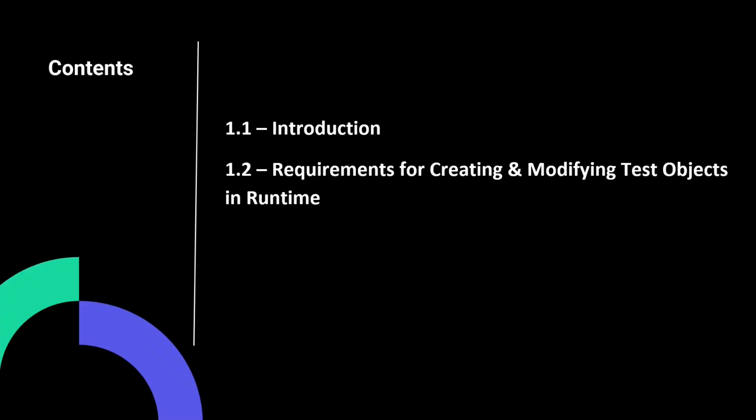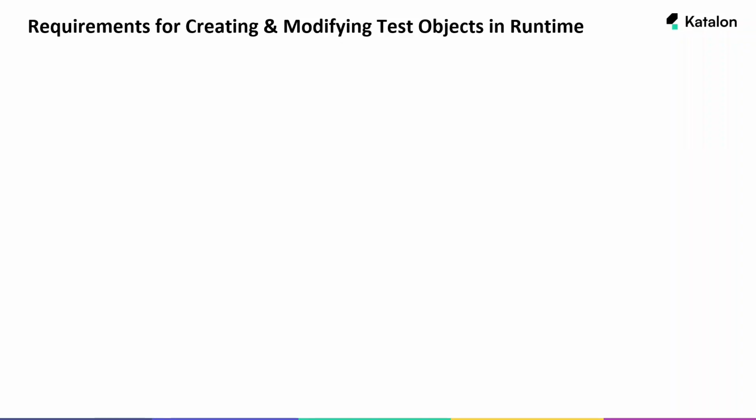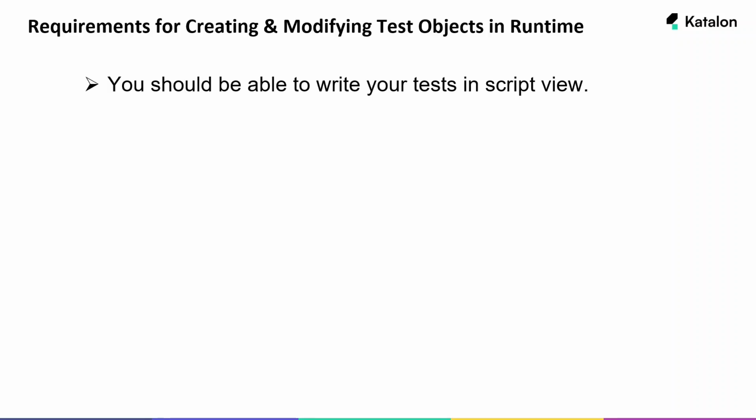As part of section 2 in chapter 1, you learn what the basic requirements are to create and modify test objects in runtime by using Katalon Studio. Following are the basic requirements for creating and modifying test objects in runtime.